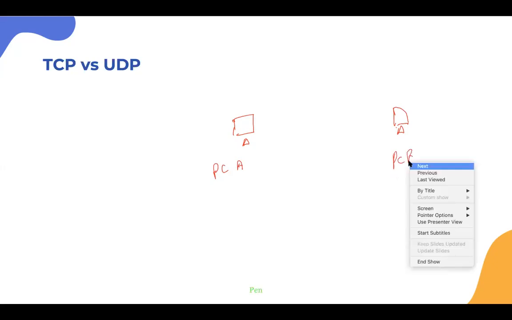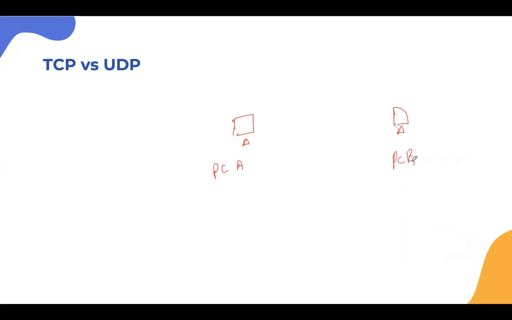The other thing is, see, whenever data is being sent from PCA to PCB, again, there could be a switch in between, or maybe it is over the internet, doesn't matter.